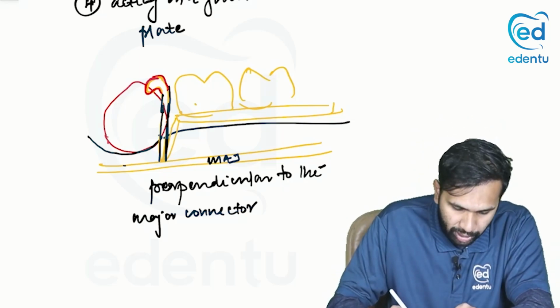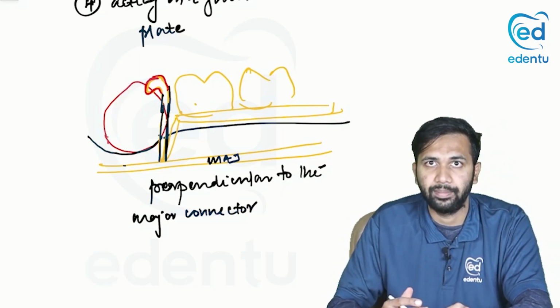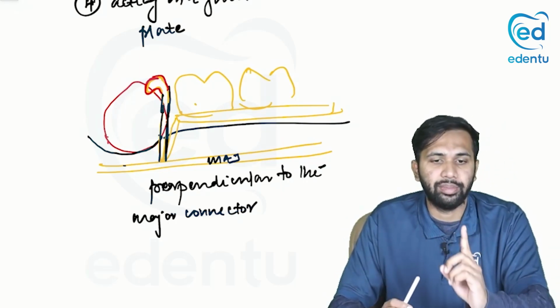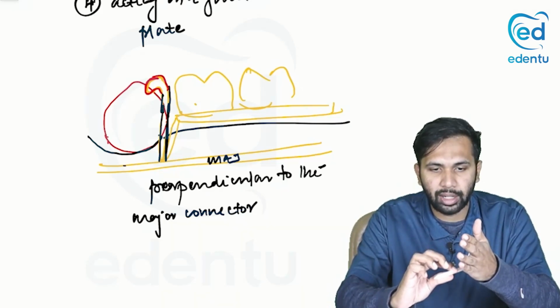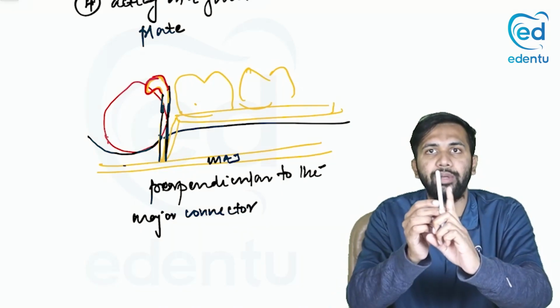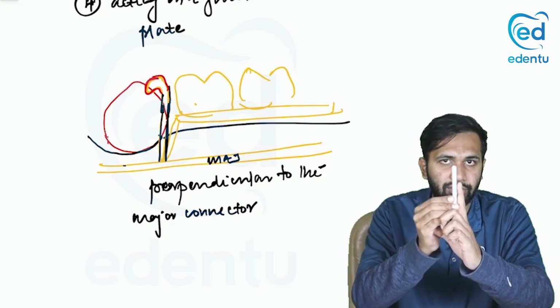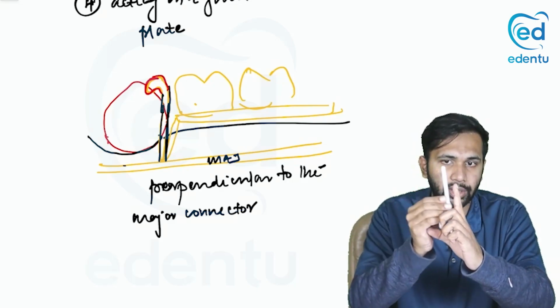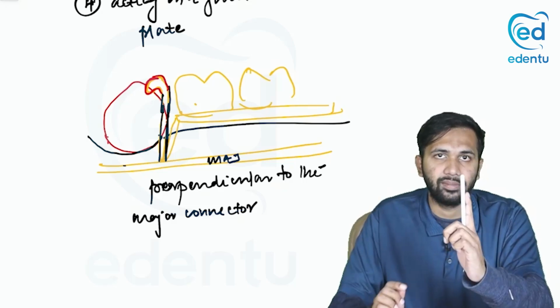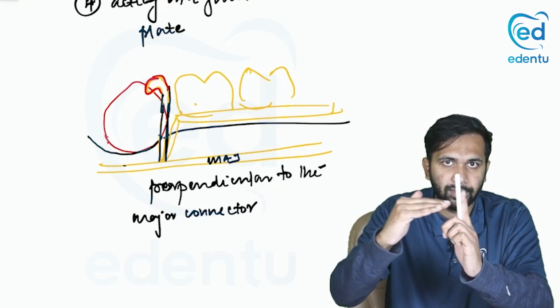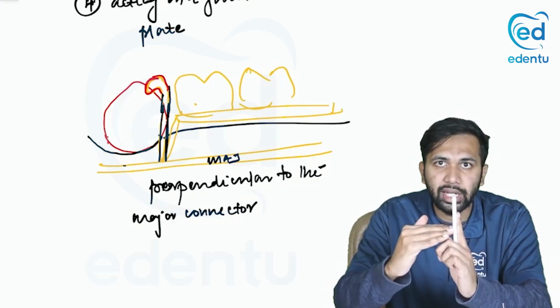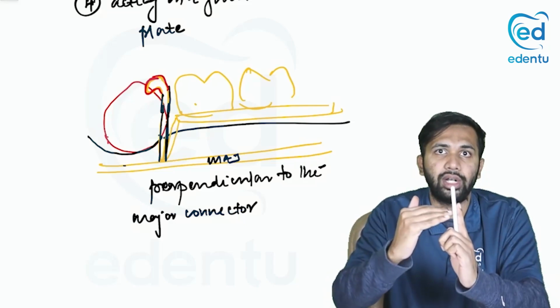So what I've drawn in black is your minor connector. Just imagine, it is running perpendicular to the major connector and contacting the abutment tooth like this. It is horizontally resting against the abutment tooth in this direction, so it will help the RPD withstand horizontal deflections.